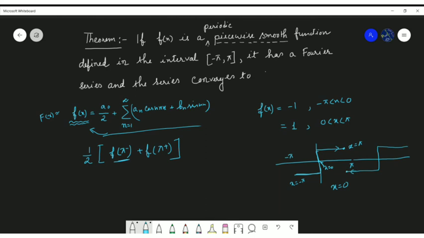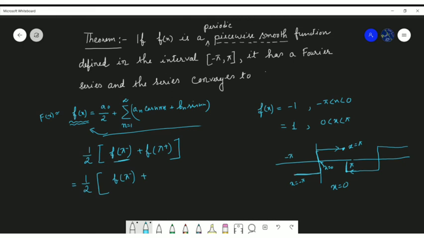Now this can be written like this: f(pi minus) means this point, and f(pi plus) means this point.